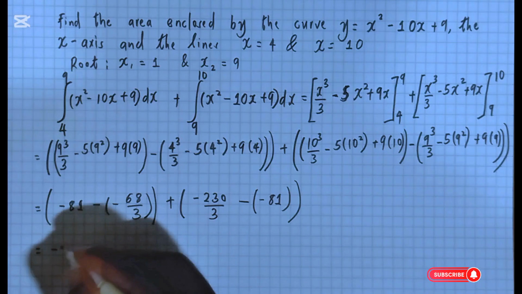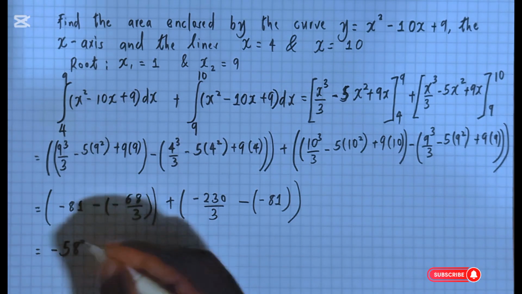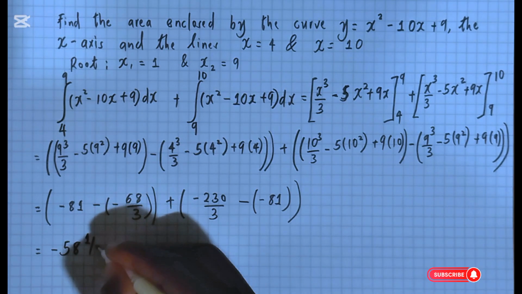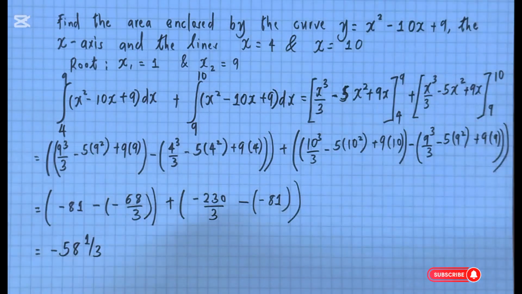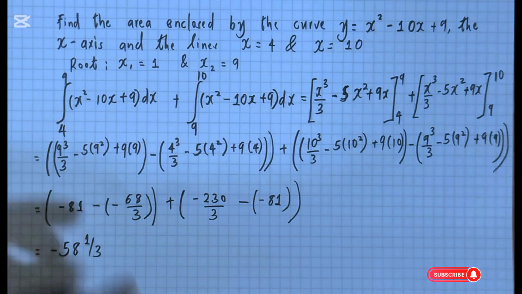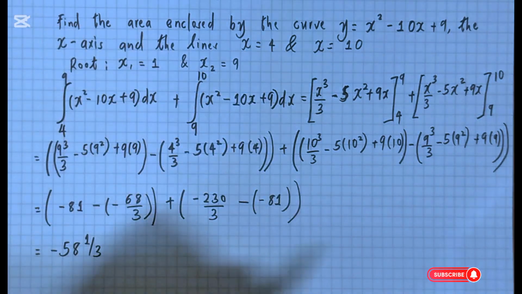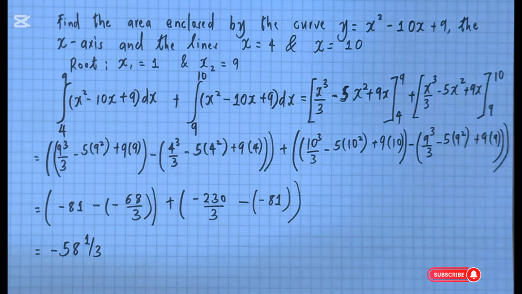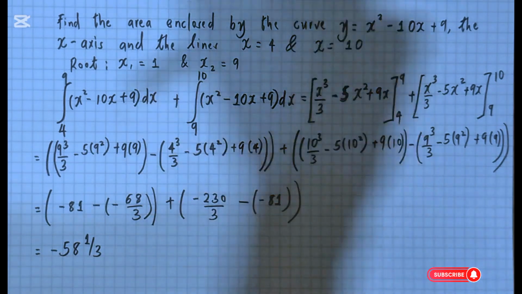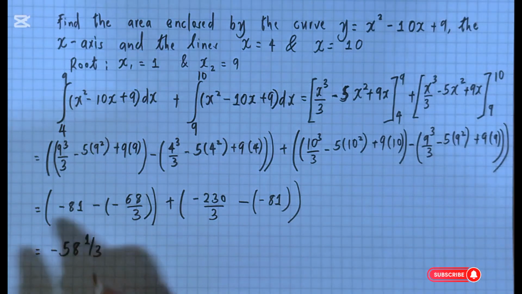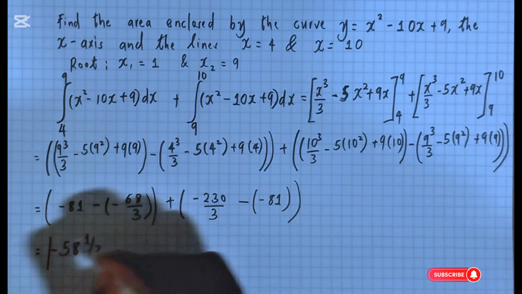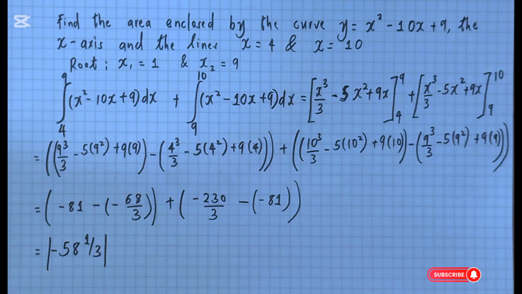You'll get negative 58 and a third. Given that this here is the area of an enclosed region, we are going to take its absolute value. Negative simply means that it's an area below the x-axis. So it's going to be the absolute value of negative 58 and a third, which is 58 and a third, basically.